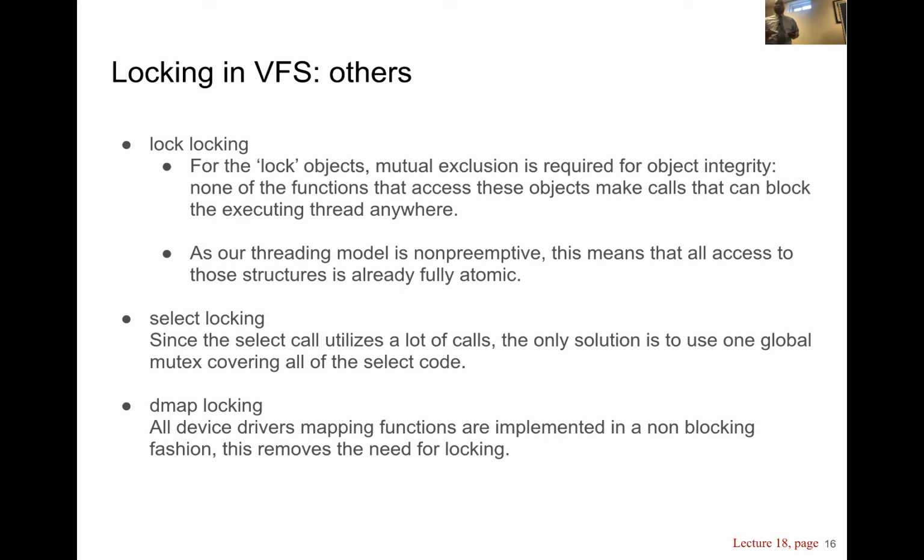So that's how you're going to implement integrity of the lock object. If you're doing a select, then you essentially use one large global mutex, which is a simple solution, no concurrency allowed. And when you're talking about device drivers and so on, again you essentially access them in a non-blocking fashion, so you don't even need a lock in this case.